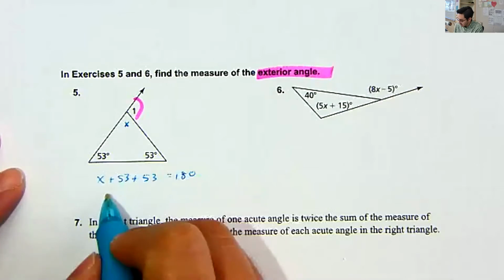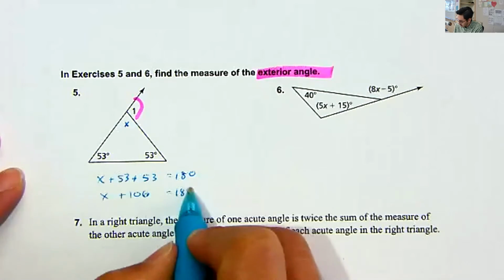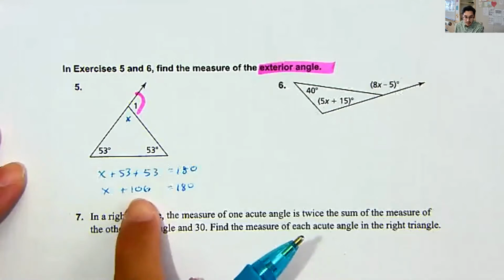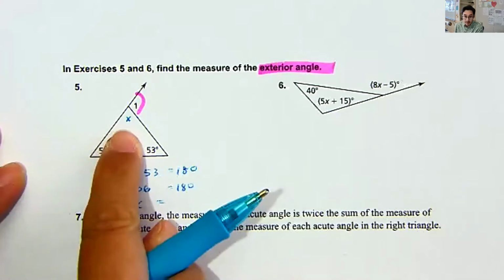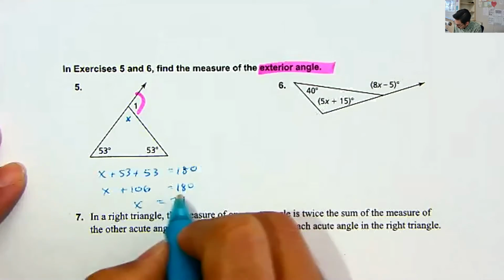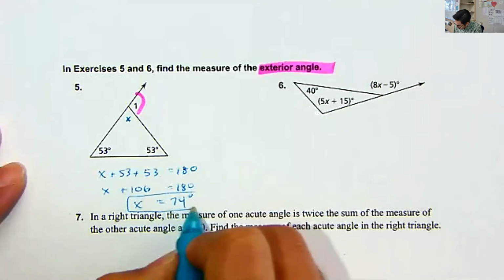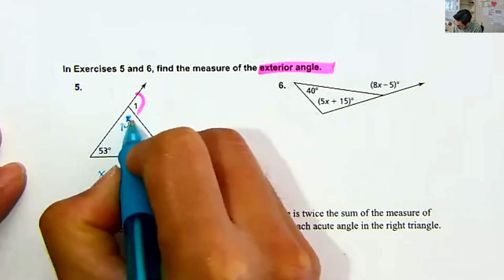That's going to be 106, so x plus 106 equals 180. If I subtract 106 from both sides, then I get x, the third interior angle, is equal to 74 degrees.